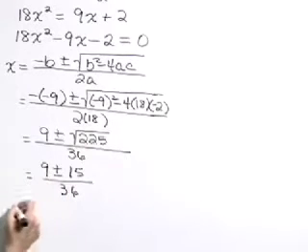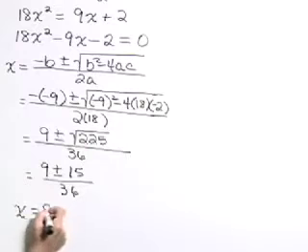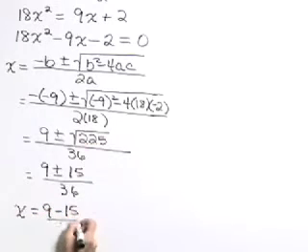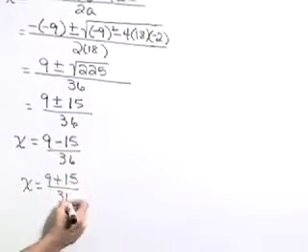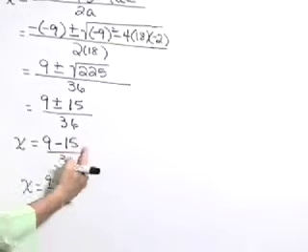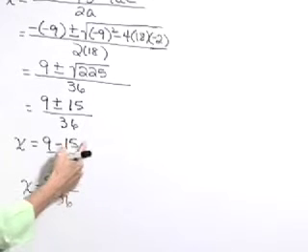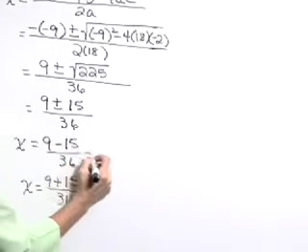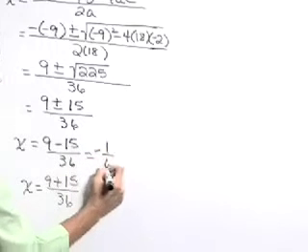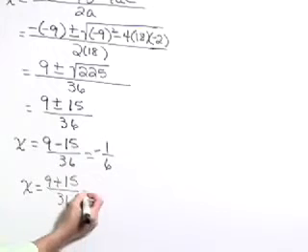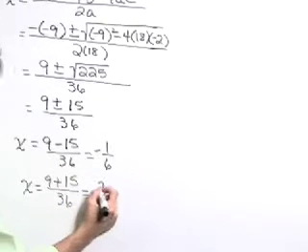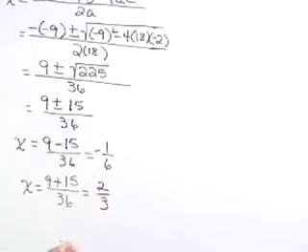So let's split this into its two possible solutions. x is (9 minus 15) over 36, or x is (9 plus 15) over 36. With our first option, that's negative 6 over 36, which reduces to negative 1/6. Or x is equal to 24 over 36, and that reduces to 2/3.